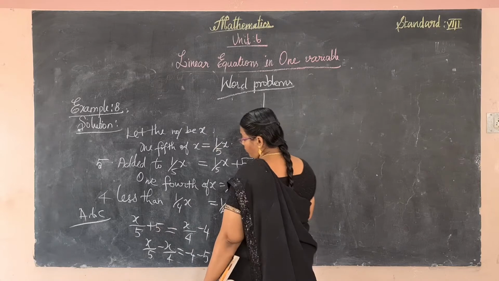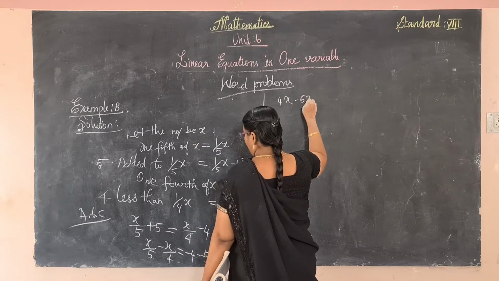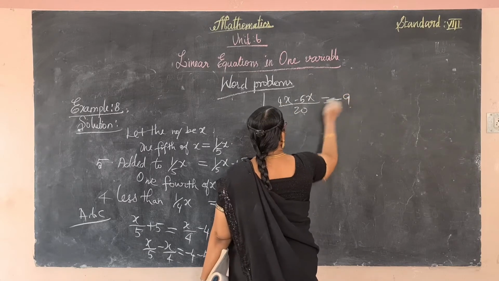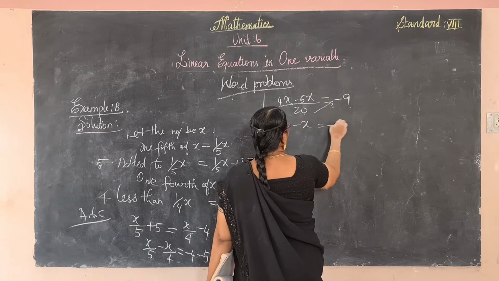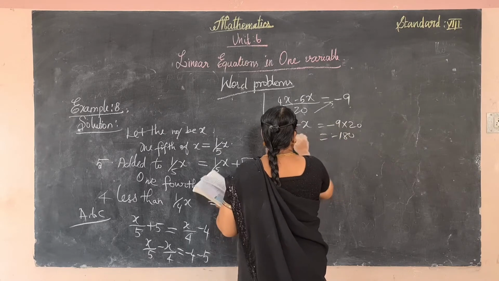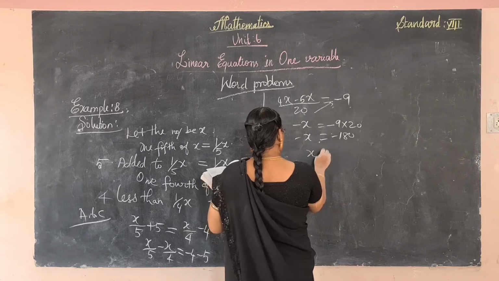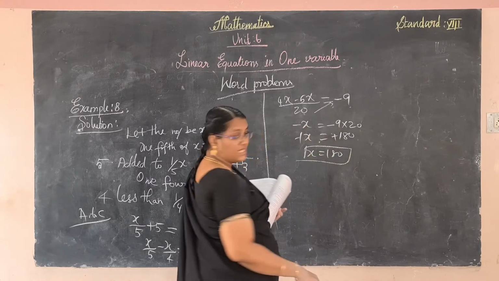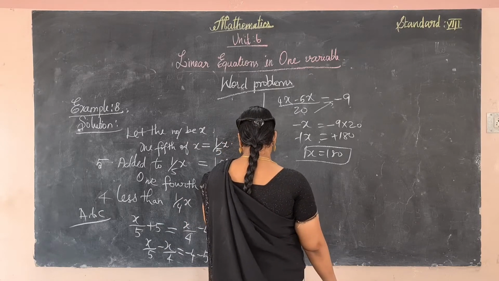So LCM of 5 and 4 is 20. So 4x minus 5x by 20 is equal to minus 9. Now multiply this value by this. So minus x equal to minus 9 into 20, so minus 180. Okay, right. So x equal to 180. Minus minus plus. So x value is 180.